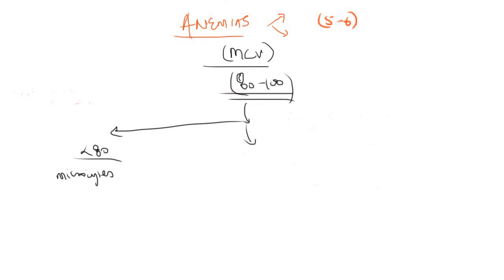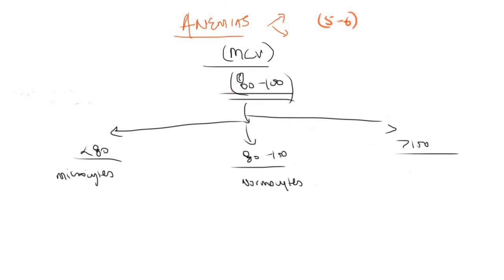In case the MCV is between 80 to 100, the cells are exactly the normal size and they are called normocytes. And in case the MCV is more than 100, the cells are a little larger and they are called macrocytes. So the cells are of three types. We can have microcytes, normocytes, and macrocytes depending upon the size of the RBC.